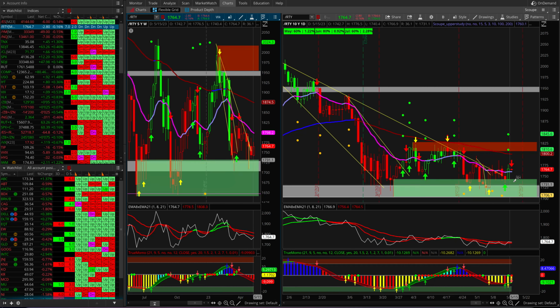The Russell did break out in the last 2 days. It's green as of Monday's candle, and now Tuesday's is starting to form, and it's red. This indicator is red, obviously in the middle, and then we've got bullish momentum, but we're in a squeeze on the TrueMomo indicator.